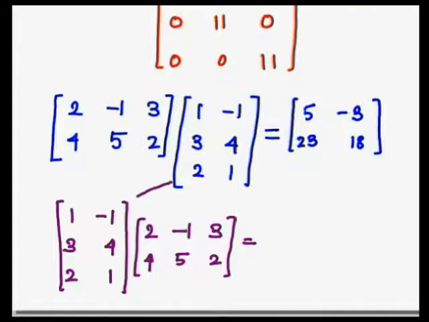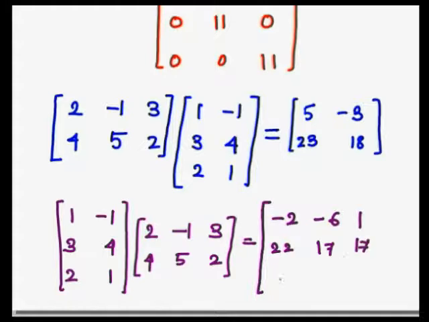If we interchange the order of such matrices and multiply, we get a resultant matrix with the values -2, -6, 1, 22, 17, 17, 8, 3, 8. So if you observe, if you interchange the position of the matrices, the resultant matrices are different.